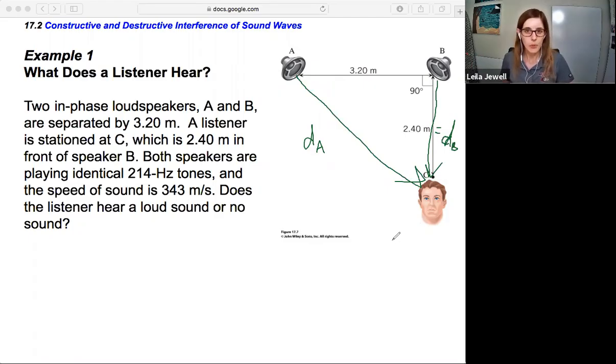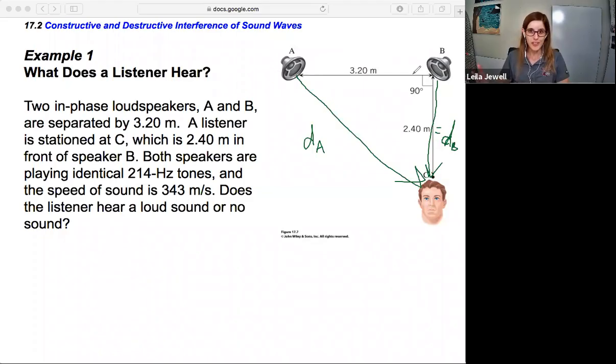What about the distance from speaker A to the listener? Do we know that? Do we have a way that we could calculate it maybe? Notice that we've got a triangle going here. We know the distance between the speakers. We know the distance in front of the speaker to the listener. This is a right triangle. So how can we relate all three sides of the right triangle?